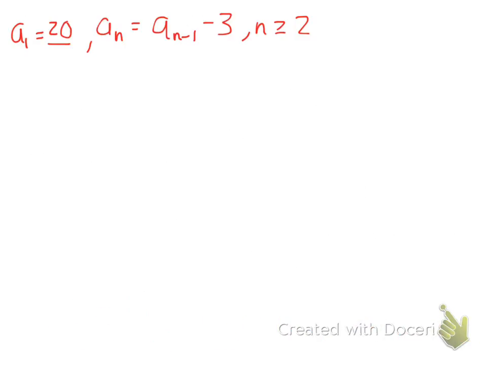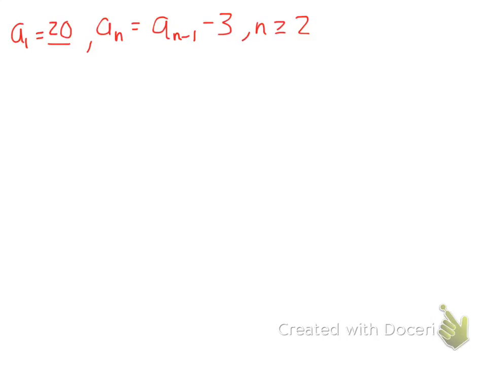Okay, I'm given this equation. A sub 1 equals 20, where A sub n equals A sub n minus 1 minus 3, where n is greater than or equal to 2. Is this an arithmetic sequence? Does it follow what we had? Okay. Is this the explicit or recursive formula? It's the recursive formula.